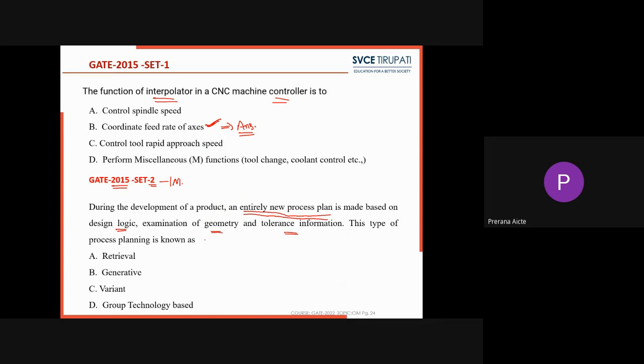This type of process planning is known as dash. What is process planning? The sequence of operations which has to be performed on a workpiece in order to convert it into a finished product is known as process planning. So if we do process planning for the first time, then it is possible only in generative computer aided process planning. This is the answer for this particular bit.